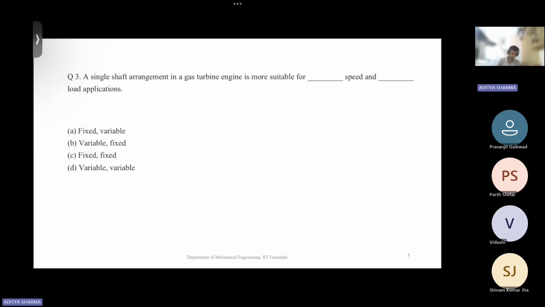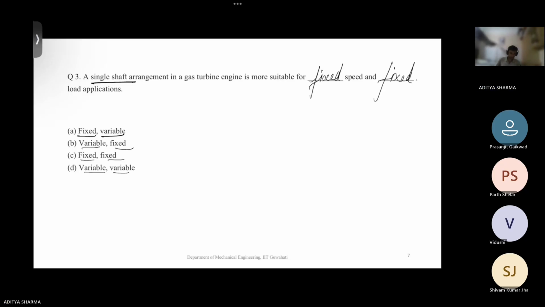So we have four options. First is fixed, variable; variable, fixed; fixed, fixed; variable, variable. We have seen in the twin shaft discussion that in the twin shaft arrangement, we have two turbines, right? With each turbine having different speeds for different applications. So opposite to that, your single shaft arrangement will have fixed speed and fixed load applications.